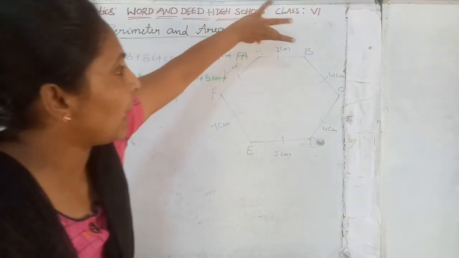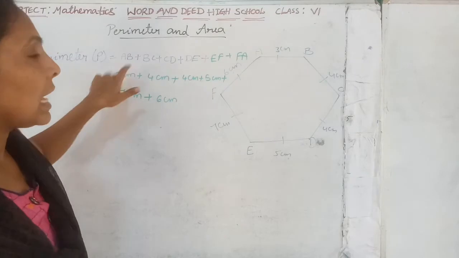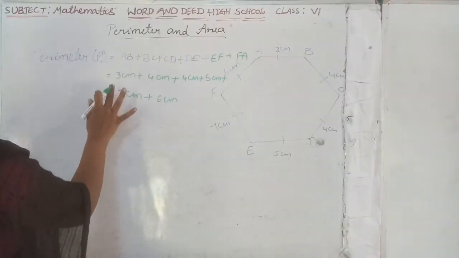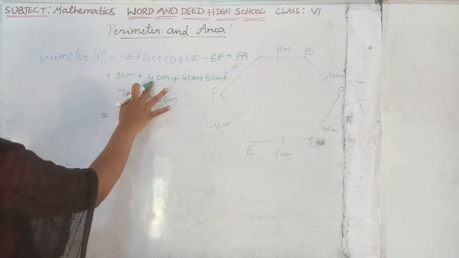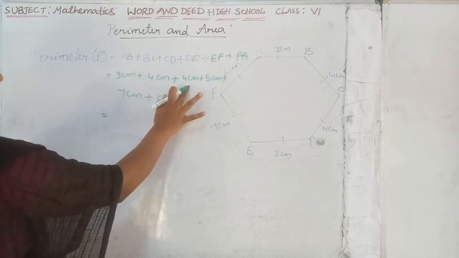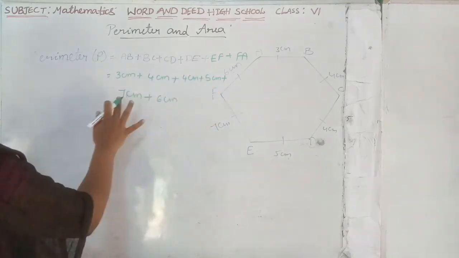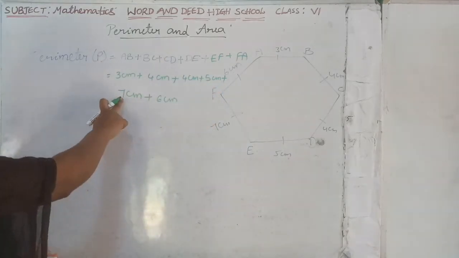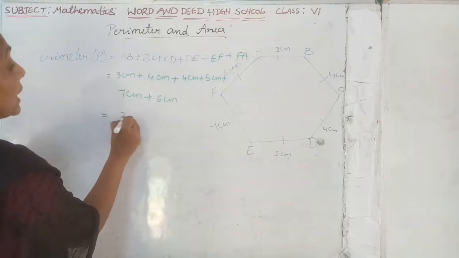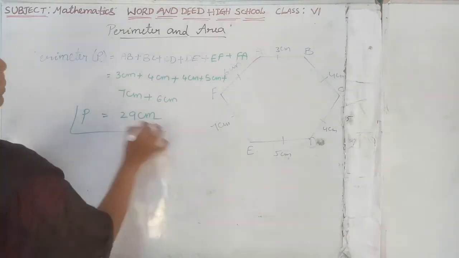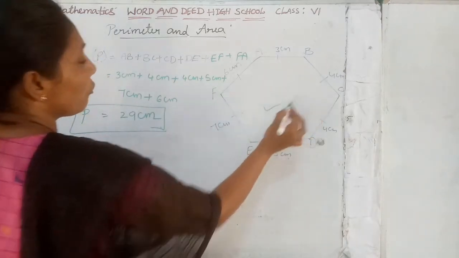Instead of AB, the length 3 centimeters; like this we are substituting the values. Next, 3 plus 4, 7. 7 plus 4, 11. 11 plus 5, 16. 16 plus 7, 23. 23 plus 6, 29 centimeters. So this is the perimeter of the given figure.